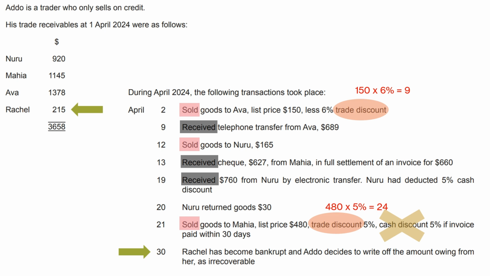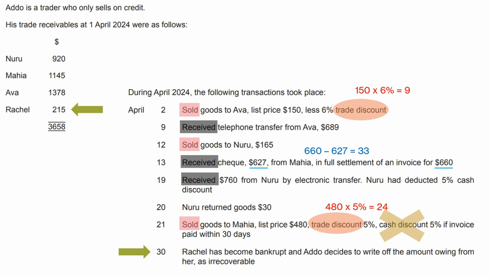But if you take a look at the transaction on the 13th of April, it says the received check $627 from Mahia in full settlement of an invoice for $660. So the invoice amount was $660, but you received only $627. That means the difference between these two amounts is the cash discount allowed to Mahia.